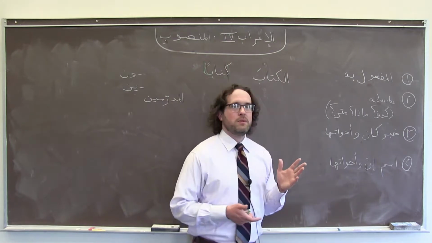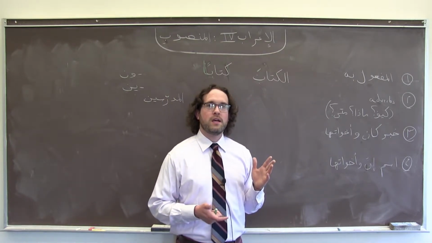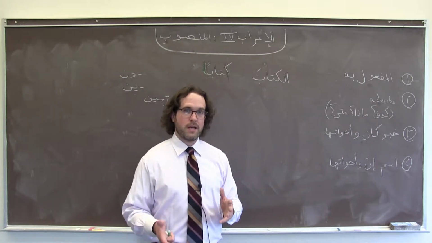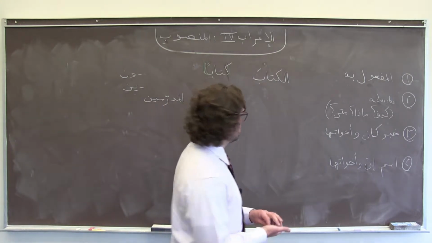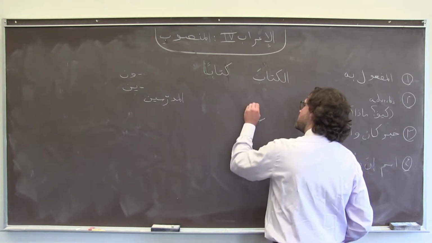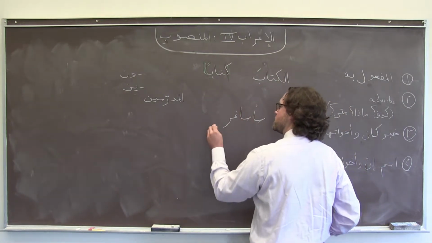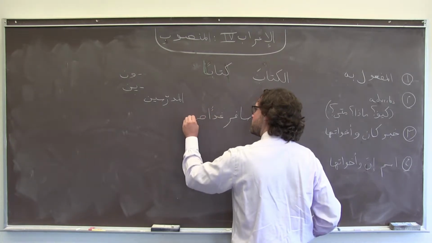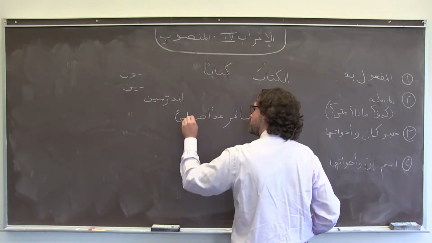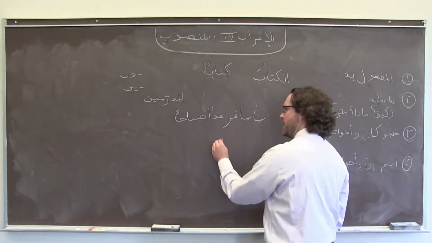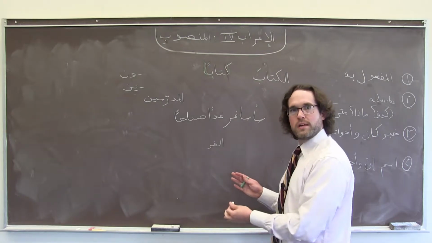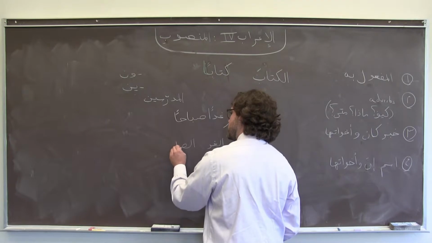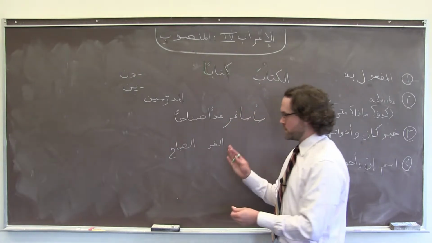So, for example, if I wanted to say I will travel tomorrow in the morning, an appropriate way to do that in Arabic would be to say سأسافر غدا صباحا. Al-ghad is a word in Arabic that means tomorrow, and as-sabah is a word, of course, that means morning.